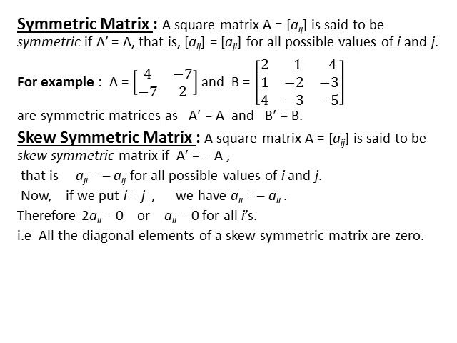Therefore, 2 into Aii equals 0, or Aii equals 0 for all i. Aii equals 0 means A11 equals 0, A22 equals 0, A33 equals 0 and so on. All these are diagonal elements of a square matrix. So we get an important condition that all the diagonal elements of a skew symmetric matrix are 0.